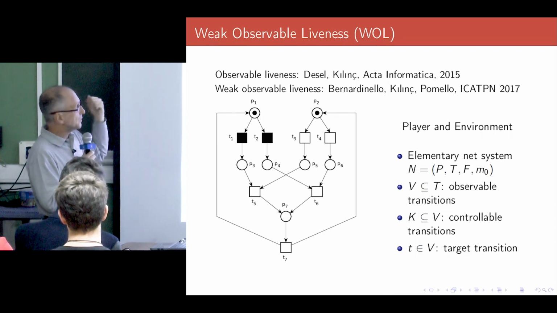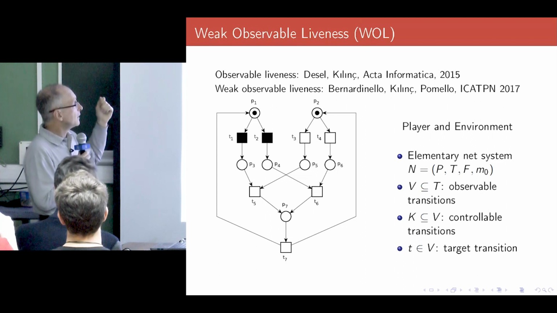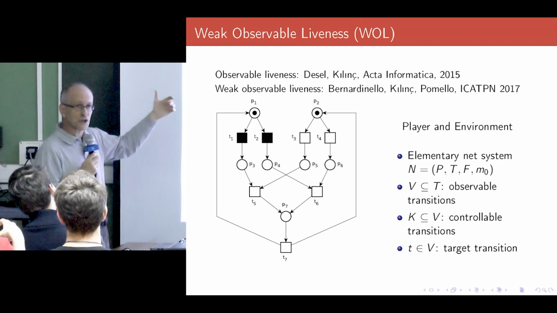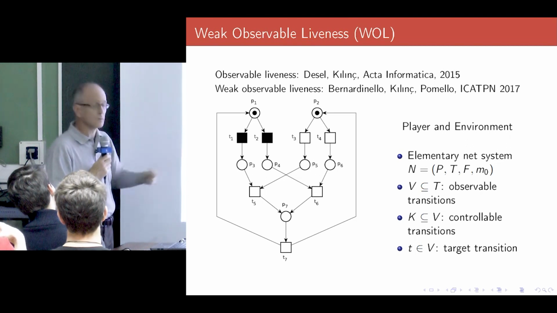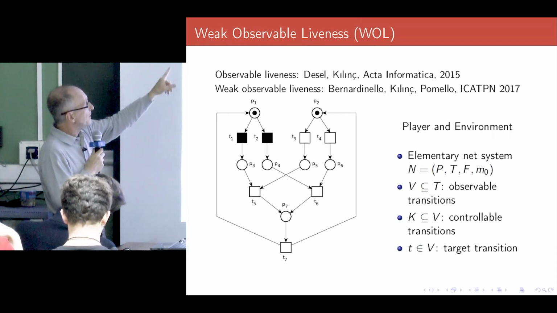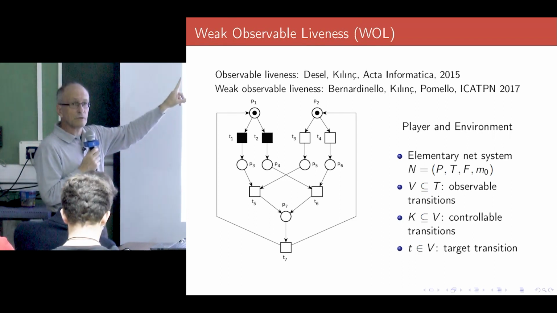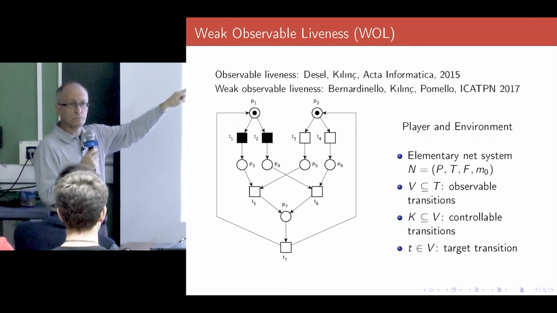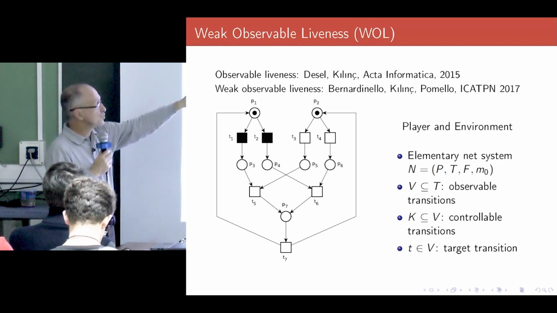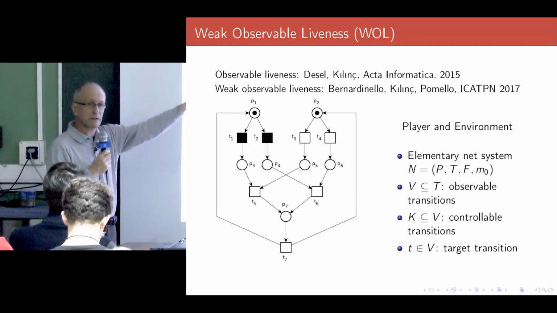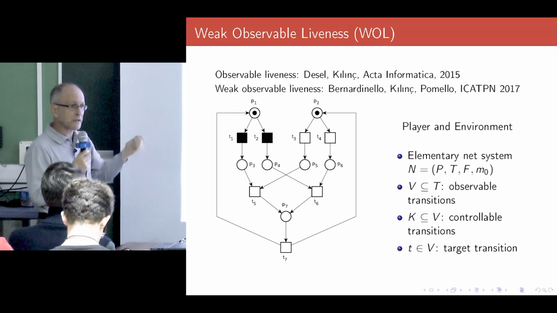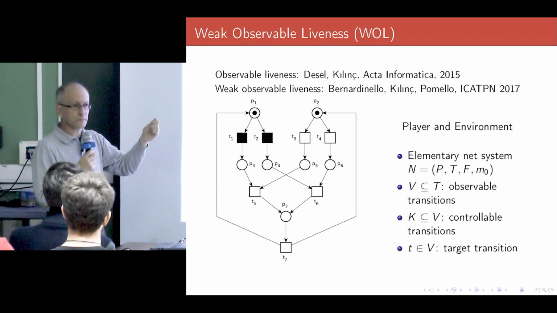And if you recall the example at the beginning, then it should be clear that if the player wants to achieve his goal, so being able to fire T7, the player cannot choose at random either T1 or T2. But the choice should depend on which choice has been made by the environment in the other conflict. So it's crucial that the player can observe T3 and T4.